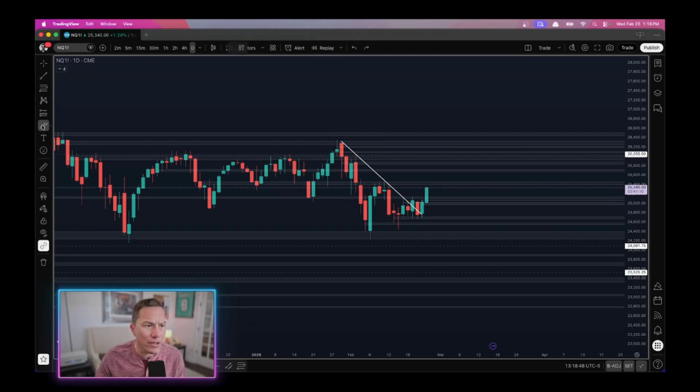So the first thing I want to point out here is we are getting a major resistance on this trend line. There's 2, there's 3, there's 4, there's 5, and there's 6 touches on this trend line. And this is on the daily, mind you. So pretty strong point here.